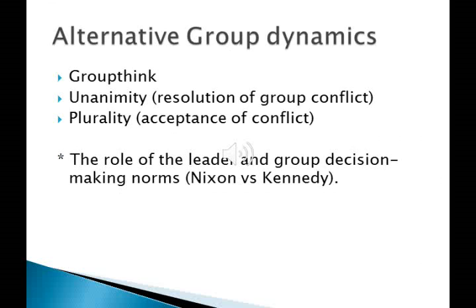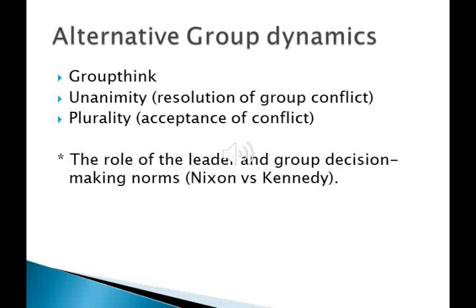So within the unit, we have different dynamics taking place. Either you can have groupthink, suppression of incoming information, and accepting only information that is dominant within the group, self-censorship. Also, you can reach a decision based on unanimity, which is resolution of conflict.